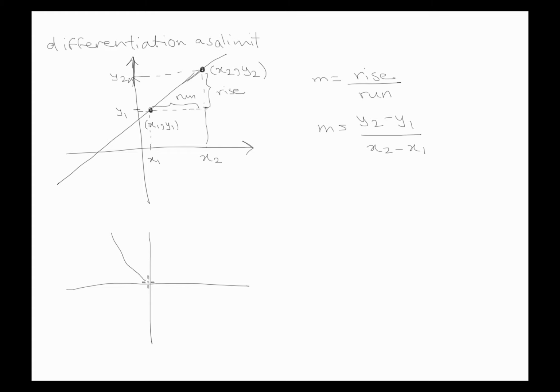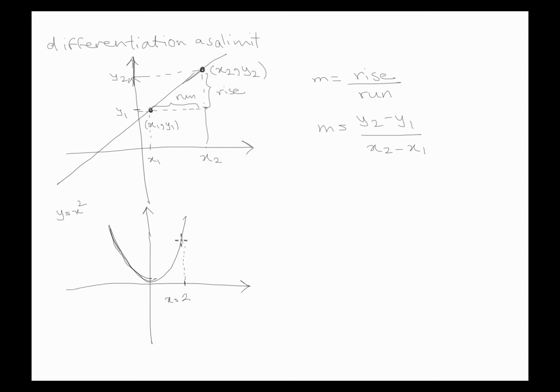So let's say this is our curve. This is the graph of y is equal to x squared. It needs to be a bit smoother, but whatever. And what we want to do is find the value of its gradient at the point x is equal to 2. At this point, we want to know the value of its gradient.